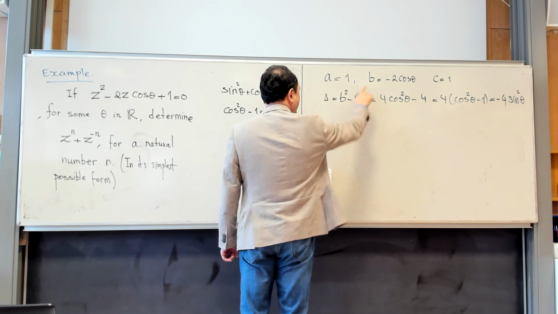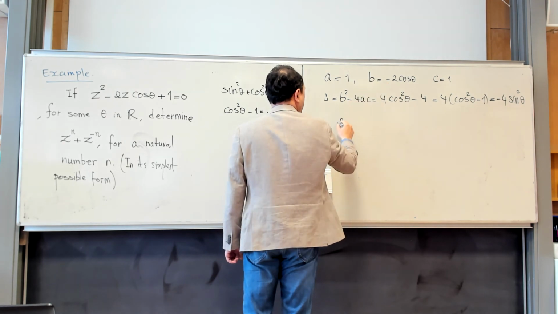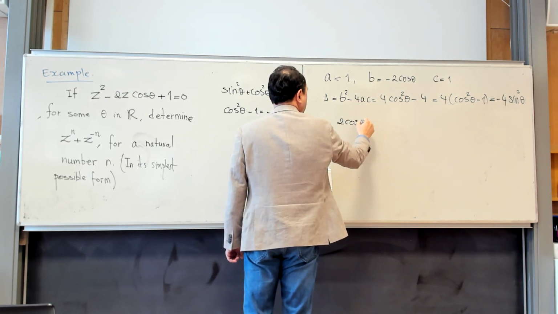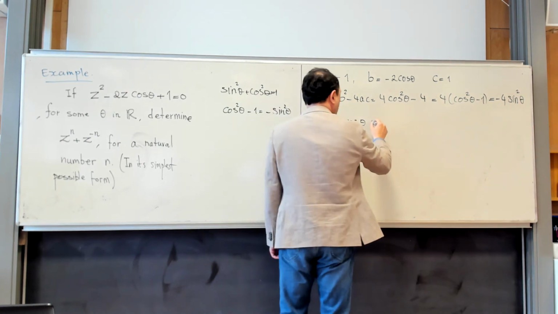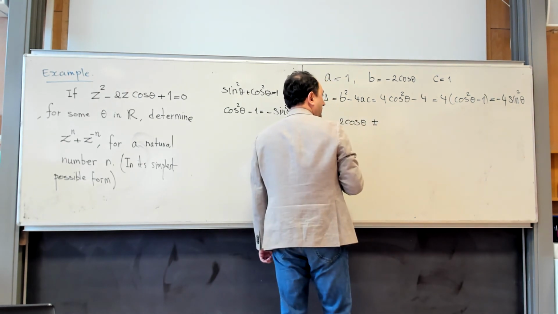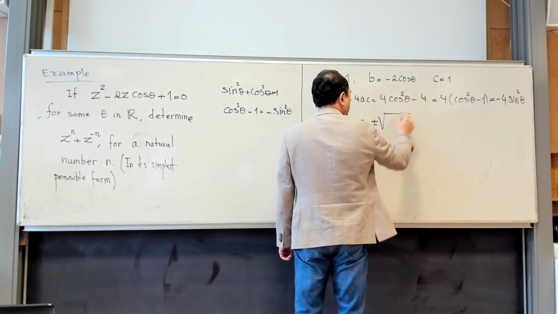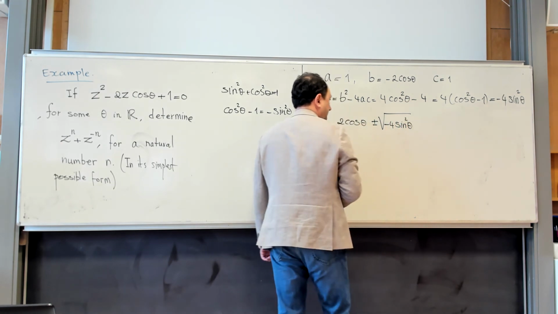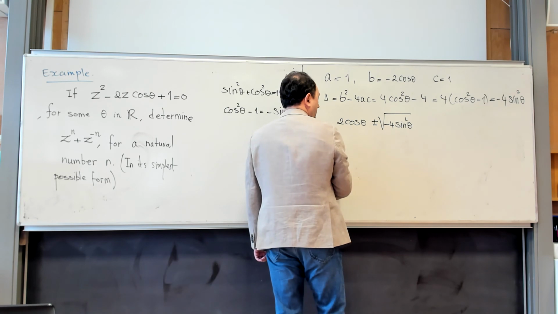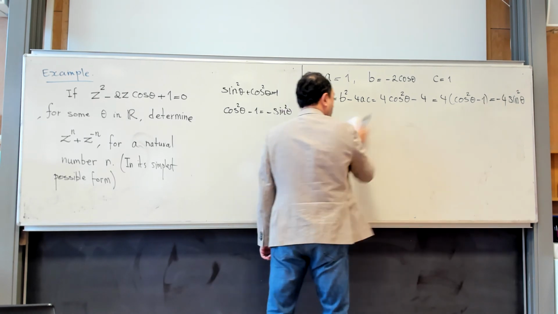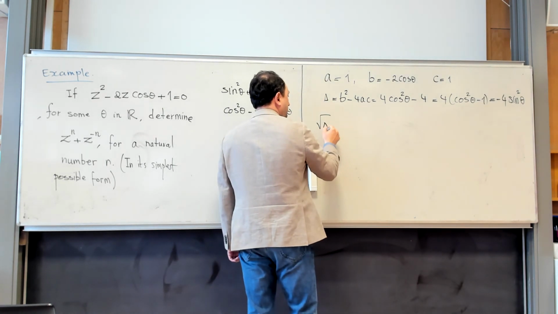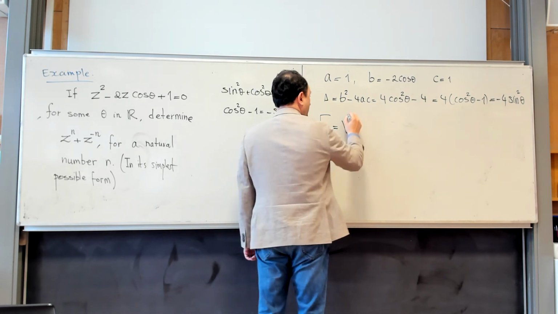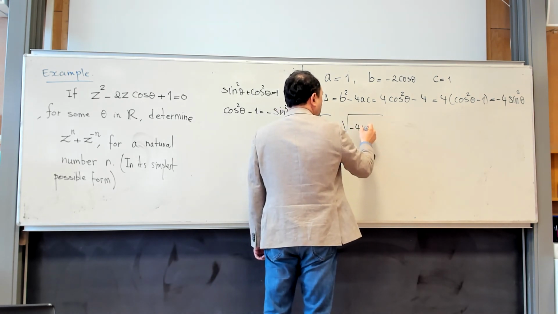So what is z? It's minus b, which is 2 cosine theta, plus or minus the square root of minus 4 sine squared theta. Let me be a little bit patient and calculate the square root of delta first, the principal value.